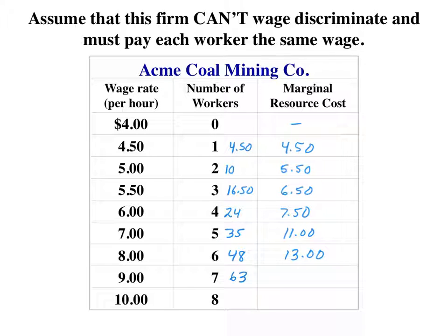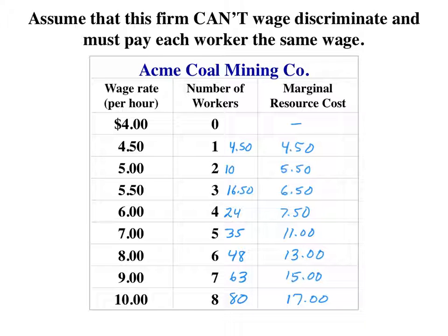So the total cost would be $63, and 63 minus 48 is $15. And then finally, if they hire 8 workers, they have to pay $10 an hour. So the marginal cost then is 80 minus 63, or $17.